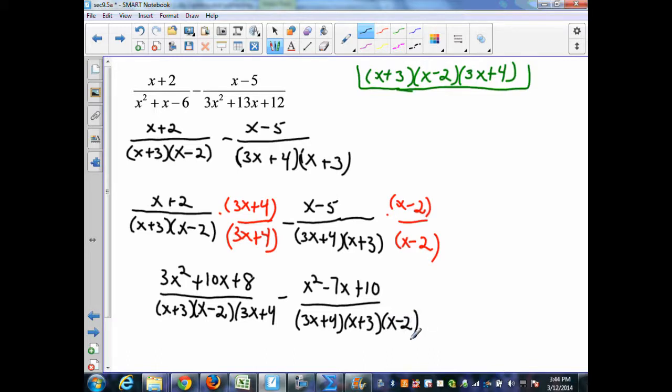Now all I need to do is to combine like terms. And I'll fit that right into that open area.